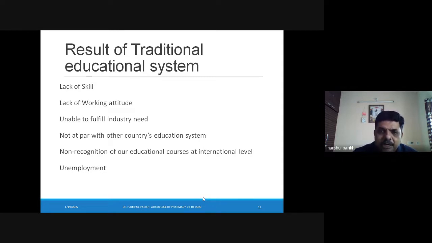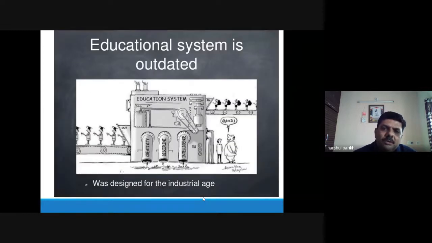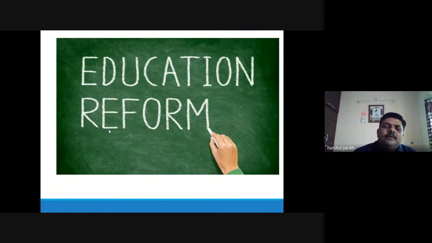So this traditional system is an outdated one, where we are making graduates, but they are without skill. That's why education reform is required.